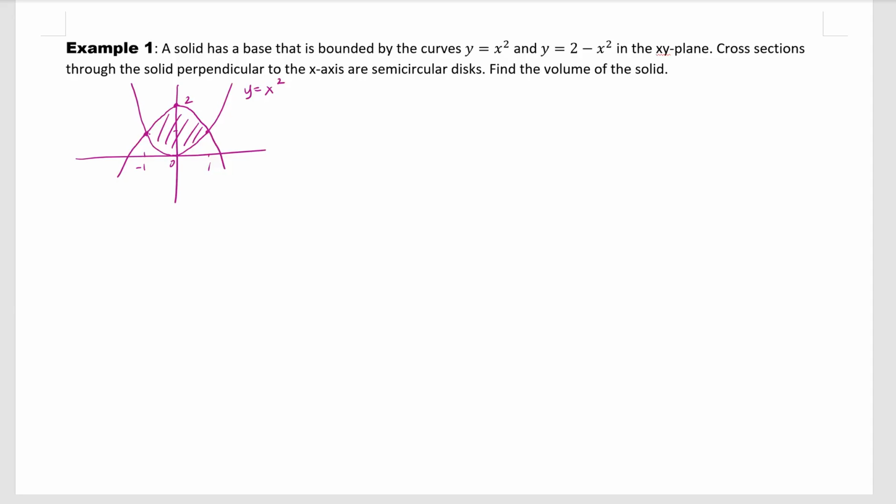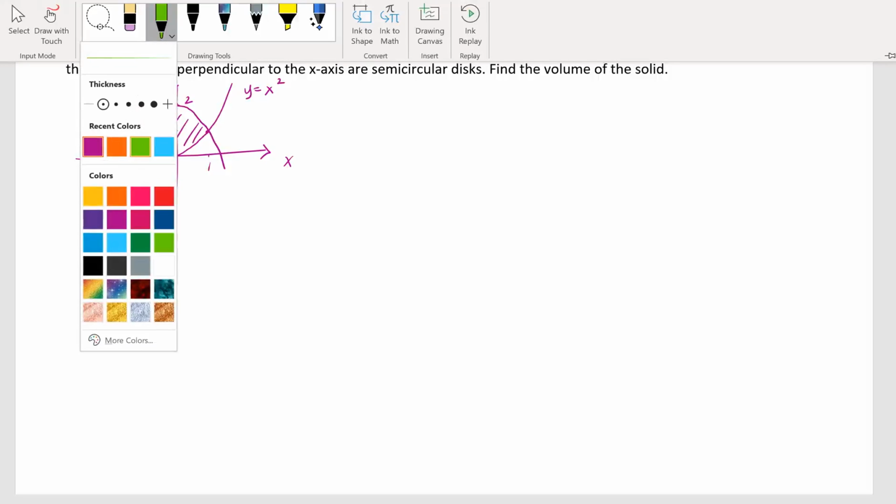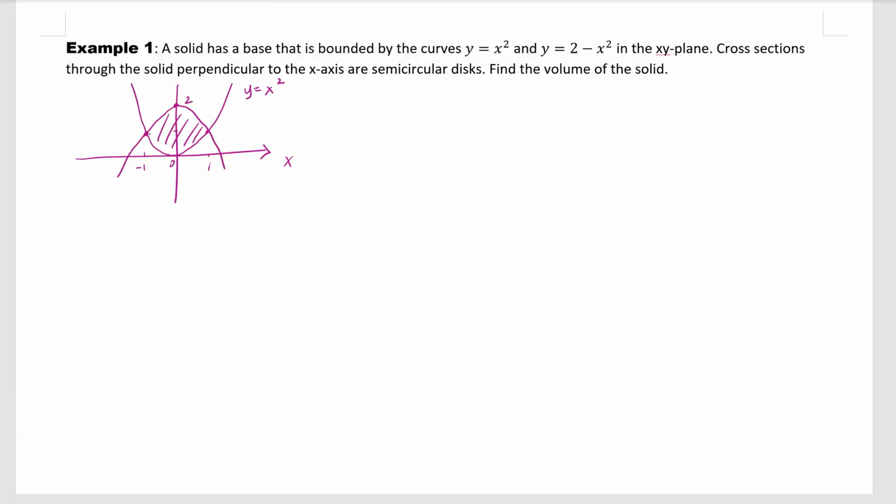And we want to construct a solid on top of it. Okay, the cross-sections through the solid are perpendicular to the x-axis. So this is the x-axis. And then it talks about the cross-section perpendicular to the x-axis being a semicircular disk.